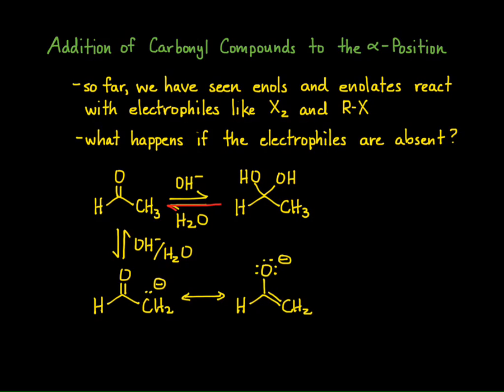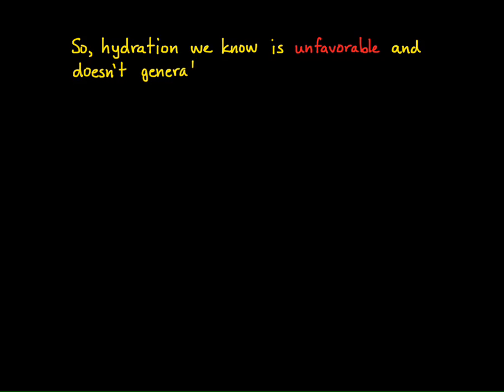All right, now let's think about those two processes. Well, the first one, the hydration, we know is unfavorable. We know it doesn't generate an isolable product, and so nothing happens afterwards. We get an equilibrium between the geminal diol and the aldehyde, and that equilibrium is always shifted toward the aldehyde.